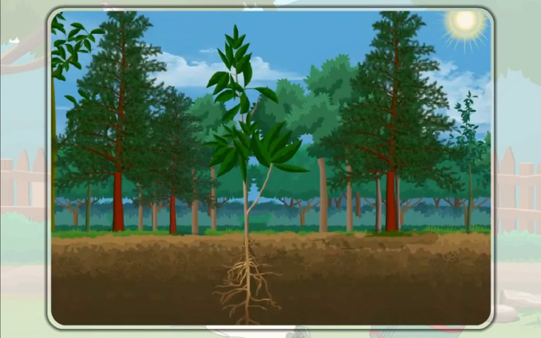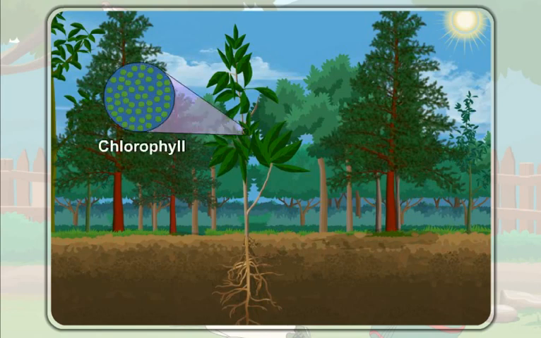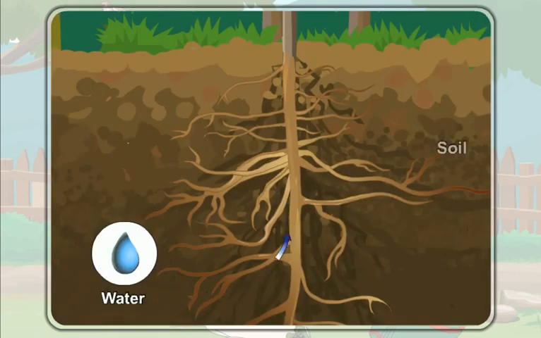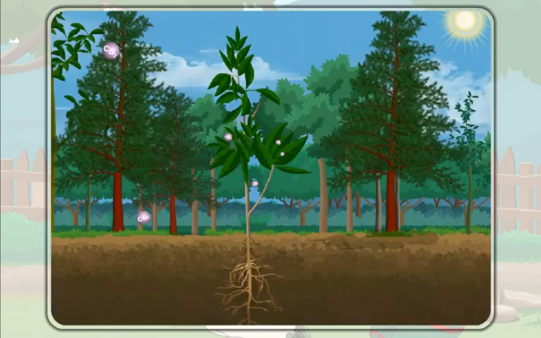A plant has chlorophyll in its leaves, but none of the other materials required for photosynthesis are on the plant body. A plant takes water from the soil. It also takes mineral salts from the soil. A plant takes carbon dioxide from the air.